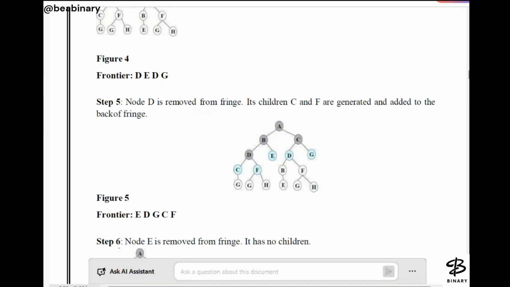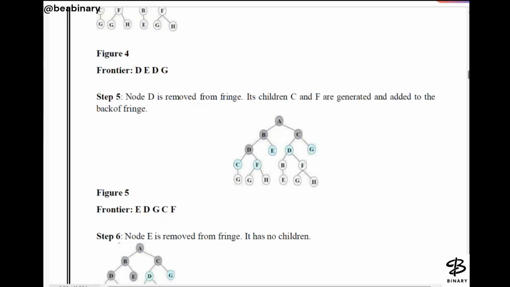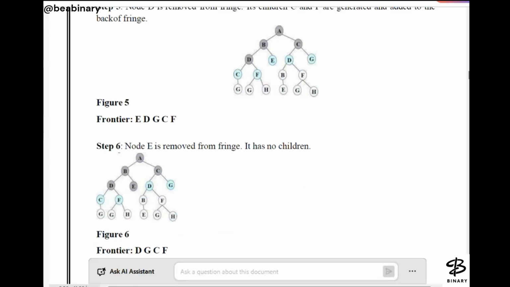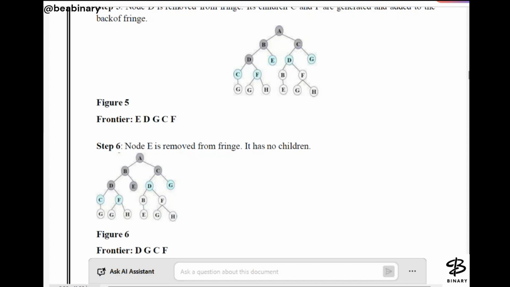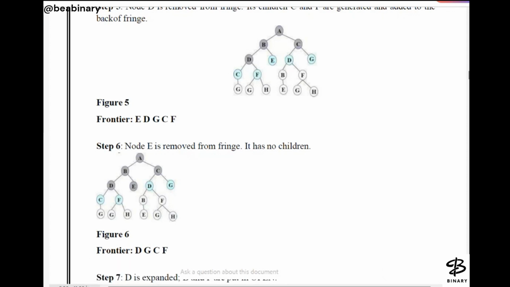Now node E is removed from the fringe, and as it has no children, it will not be expanded further. So what is the traversal here? A, B, right? So now the frontier was E, D, G, C, F, and after removing E, we have the frontier D, G, C, F here.